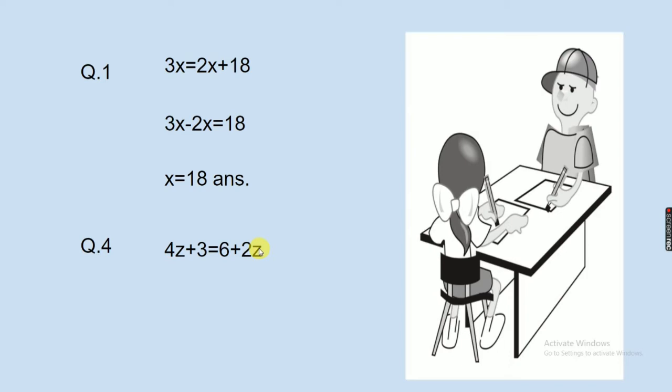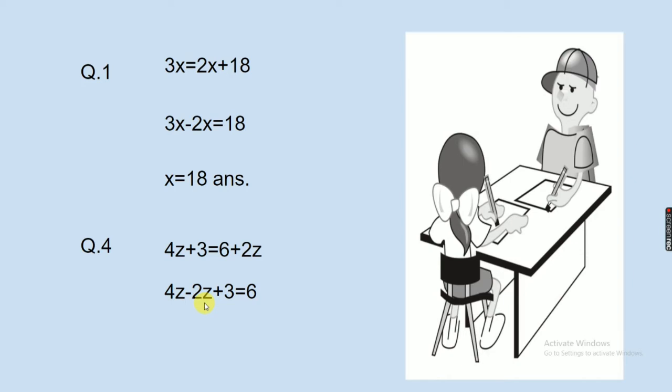We know that when we transpose any constant or any variable to the other side, its sign gets changed. So we got 4z minus 2z plus 3 is equal to 6.